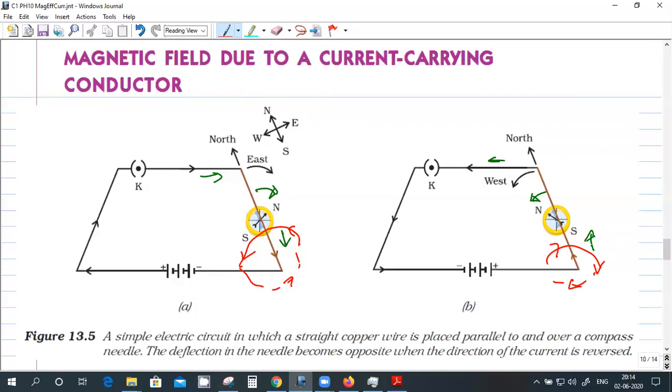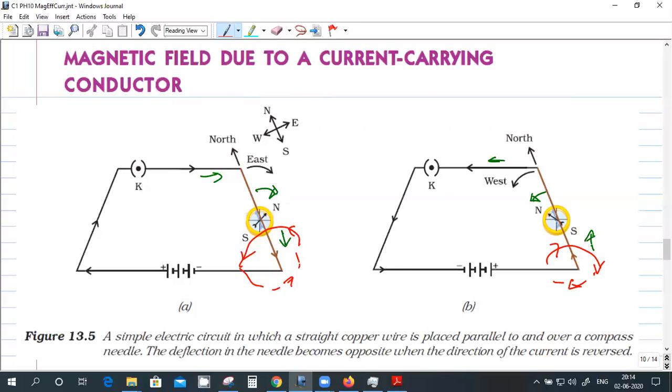Because the direction of current is reversed in the second case, we should expect that the direction of the magnetic field should be reversed. If you apply that rule, you can see it's reversing because the thumb is reversing. In the first case, the thumb is pointing out of the plane of the paper.